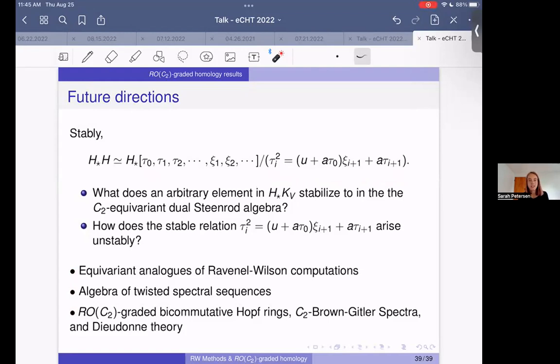So this answer is an RO(C2) graded bicommutative Hopf ring. There are also C2 equivariant Brown-Gitler spectra, and I'm interested in if a type of Dieudonné theory can be formulated C2 equivariantly, what that should be, what properties that should have. So lots of questions for next.